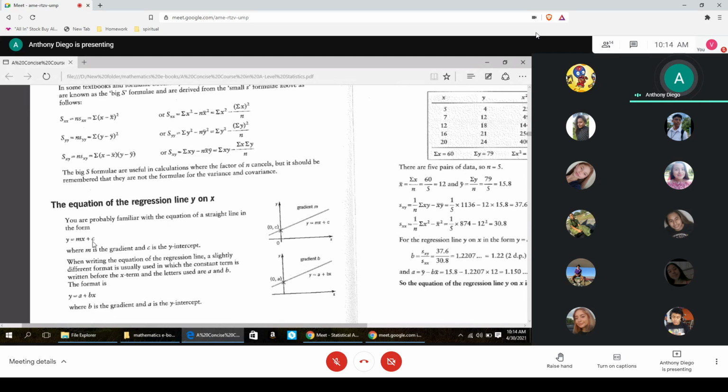But it's the same thing. It's just a matter of differentiating a regression line, which is still a straight line, from an actual straight line when it comes to straight line geometry. The one below here is showing a regression line, and the other one above is showing a straight line. So the equation here is y equals mx plus c. Here it's y equals a plus bx.